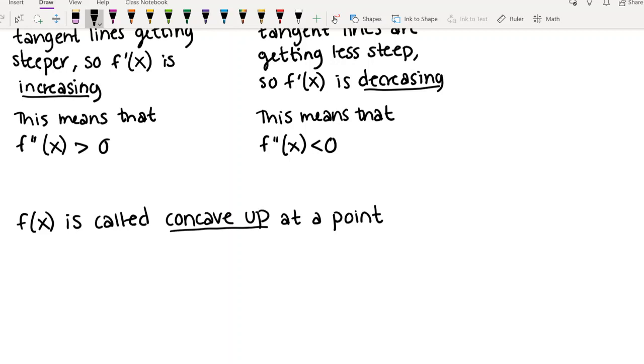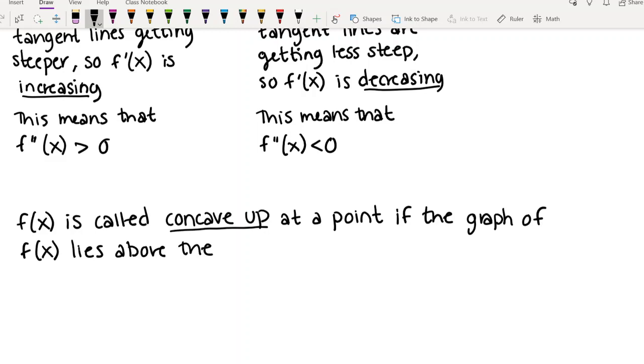So a function is called concave up at a point if the graph of f of x lies above the tangent line at that point.